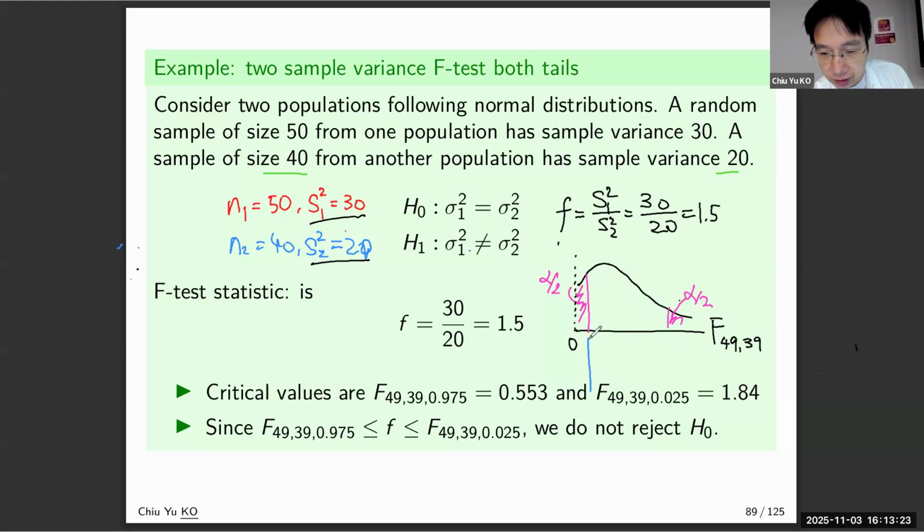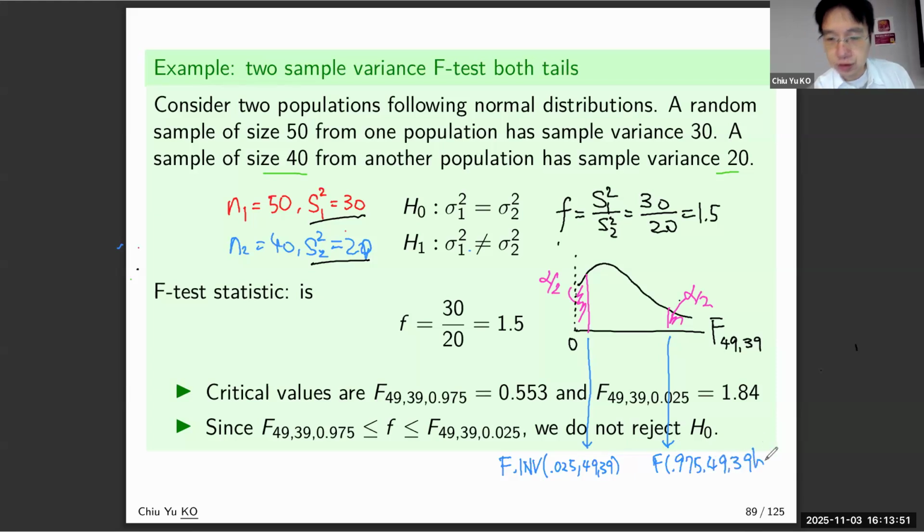So let's look at these two numbers first before we talk about p-value. This value will be F.INV of 0.025, 49, 49. And this one will be F.INV of 0.975, 49, 49.